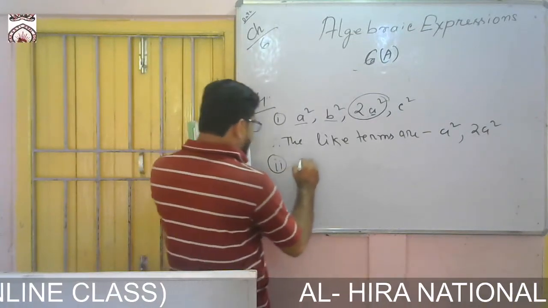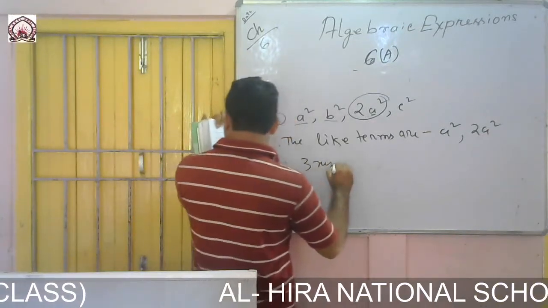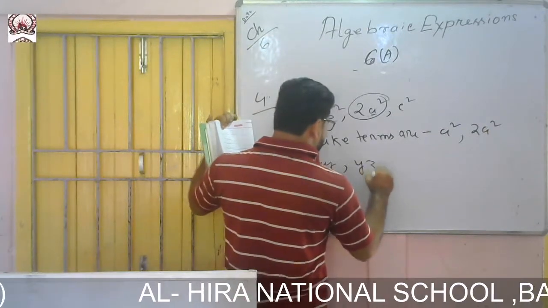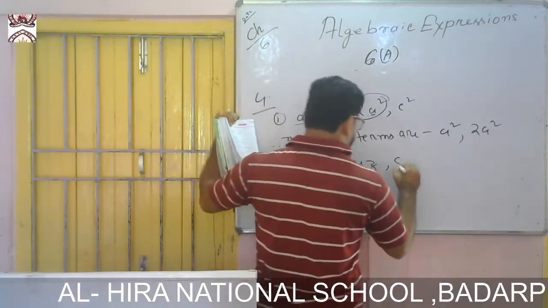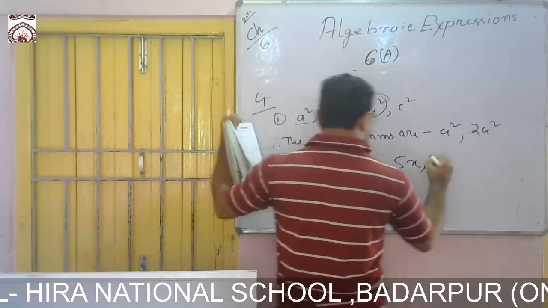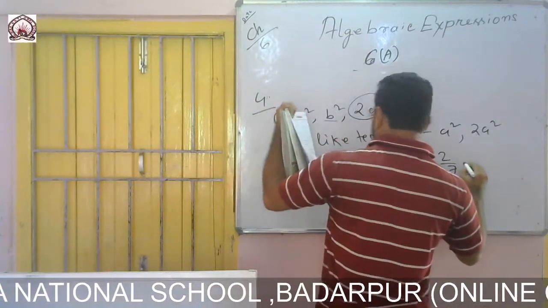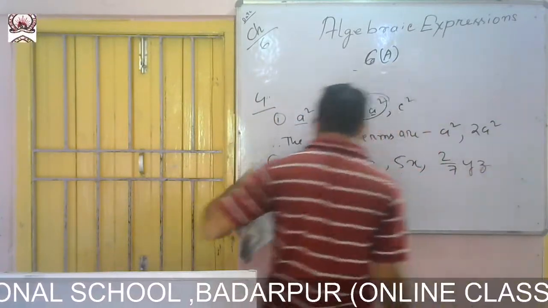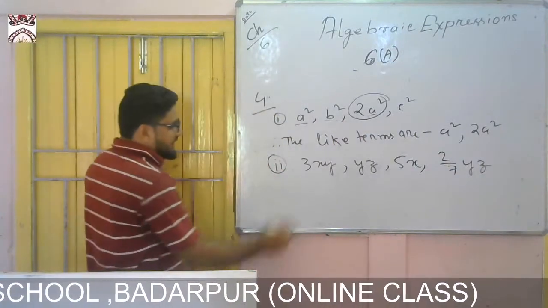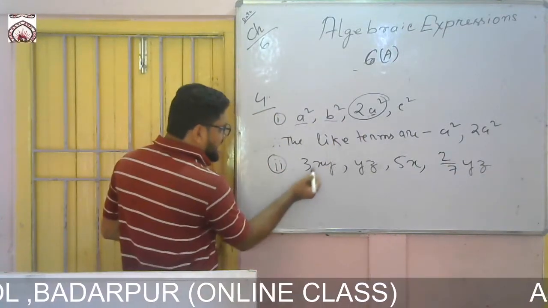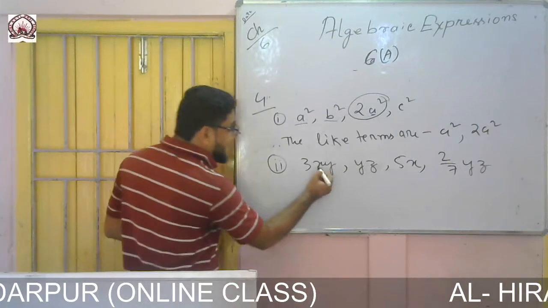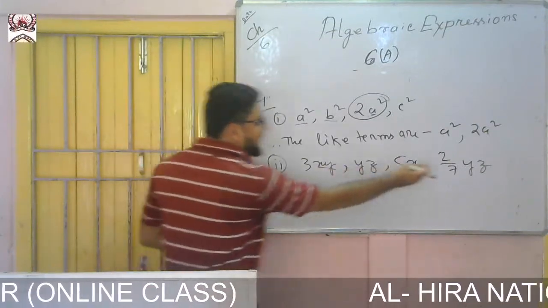In question number 2, what is there? 3xy, yz, 5x, 2 by 7 yz. First you check the literal in this term, it is xy. Then is there any more xy?